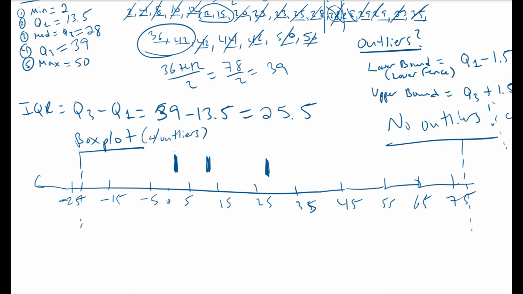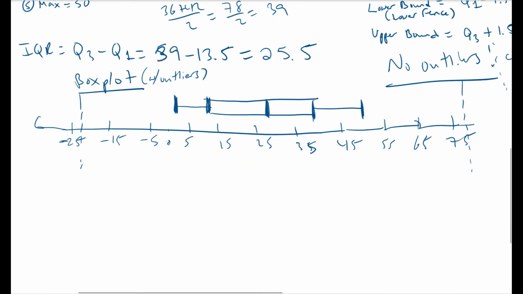Third quartile is 39, so it's going to be around here. And then the maximum of 50 is going to be in the middle between those two numbers. And then we draw our box for this part, and we draw our whiskers. And there's our box plot. All right, so that's how you draw a box plot.